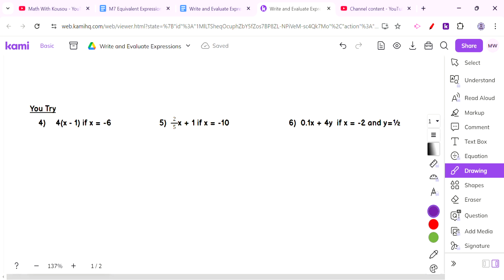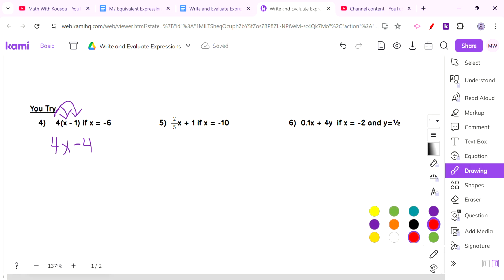So we have here to start 4 parentheses x minus 1. Let's start by simplifying this by using the distributive property. So 4 times x gets us 4x. 4 times -1 gets us -4. Then we're going to plug in our x to be that -6.